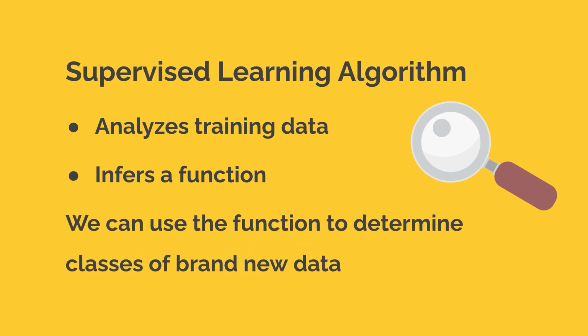And then you can use that function that the machine learning model found to determine classes of brand new data, which means you can train the model to then later on use it to find a y for an unknown x.